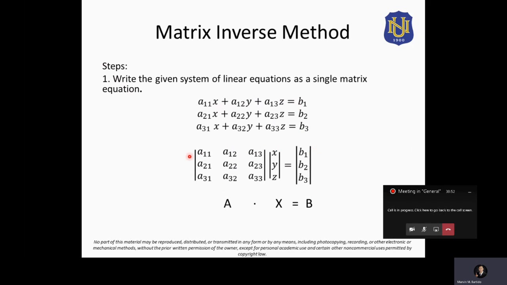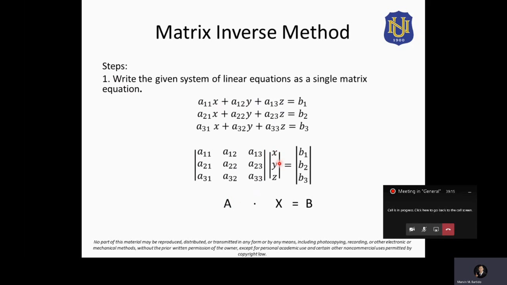So this will be the matrix form, no? Sa-summarize natin or mas pasisimplihin natin yung matrix form na to. So yung matrix na to, yung coefficient matrix natin, i-denote na lang natin siya as capital letter A, no?